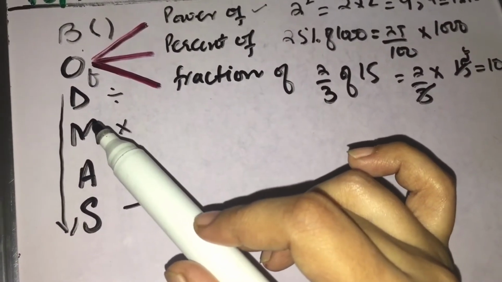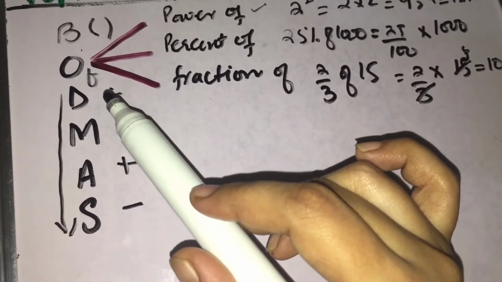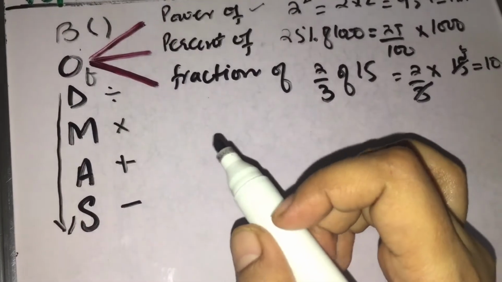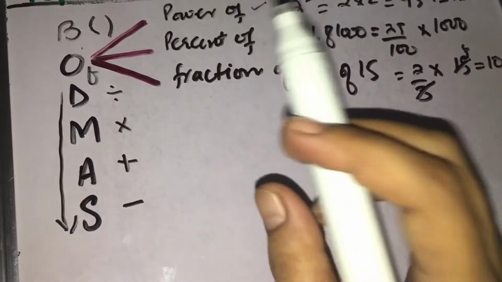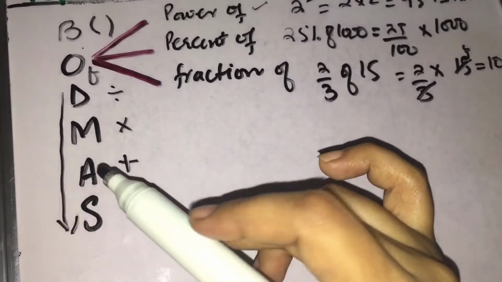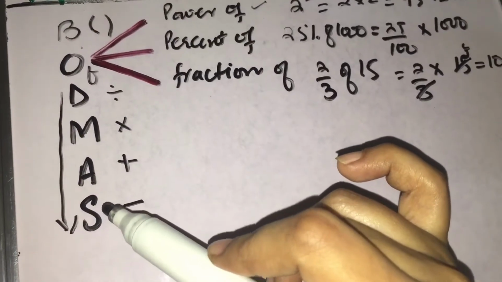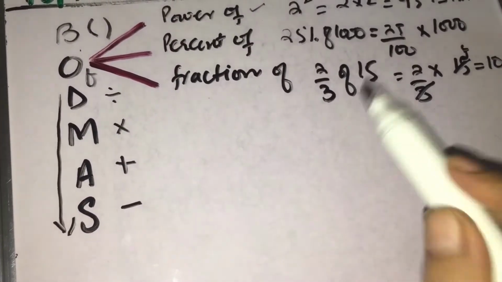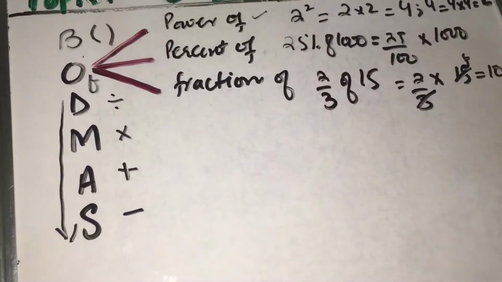If multiplication comes first, you will solve multiplication, or if division comes first, you will solve division. Similarly, addition and subtraction could be solved simultaneously, or whichever comes first, going from left to right. Now let's have an example.